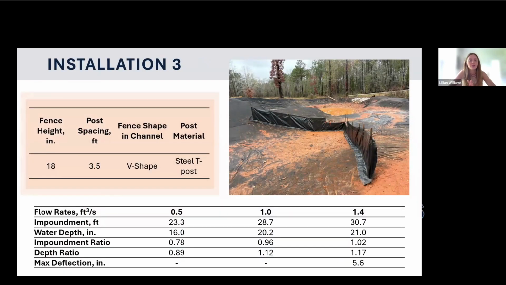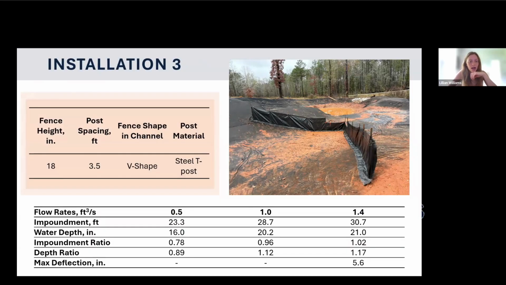Installation 3, we adapted the same V-shaped silt fence. We did 3.5-foot spacing just so it would hit the toe of the bank and then the center of the channel. And so that's the 90-degree spacing that worked out in this 10-foot channel. And then the weir height was 18 inches, and that was cut out and folded.